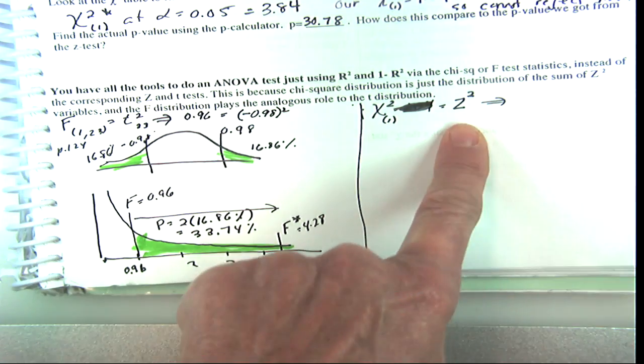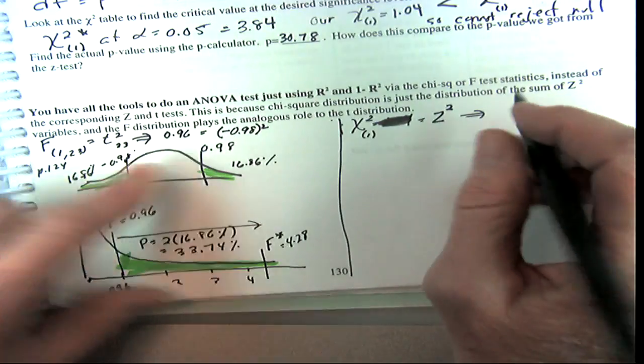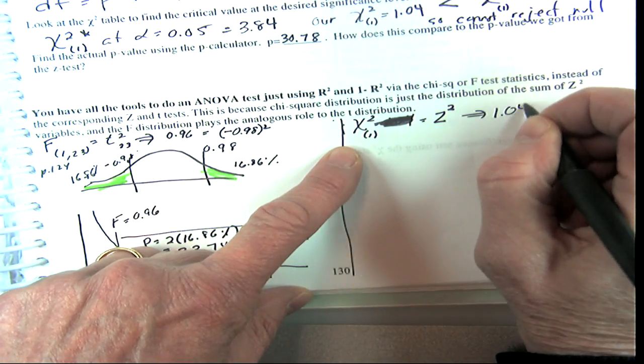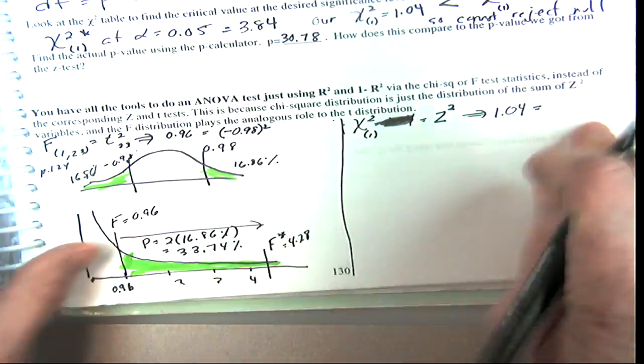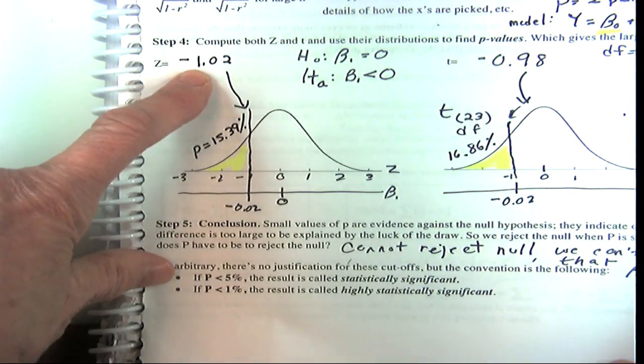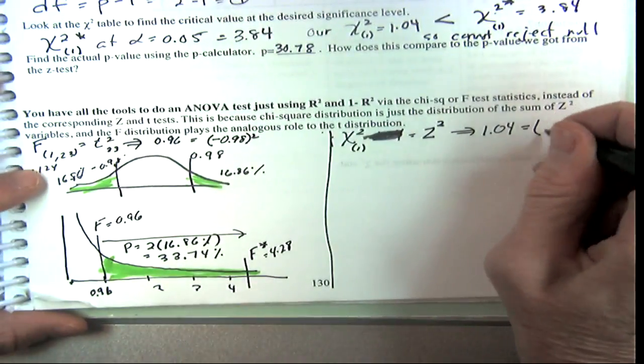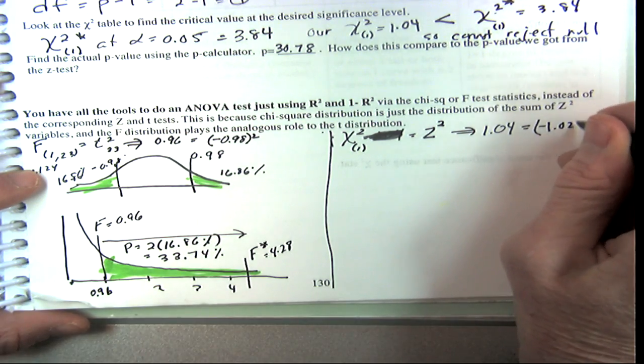And there's no degrees of freedom here. In our case, just to make it look the same way, we got 1.04, and that was equal to whatever we got as our z-squared, which was negative 1.02 squared.